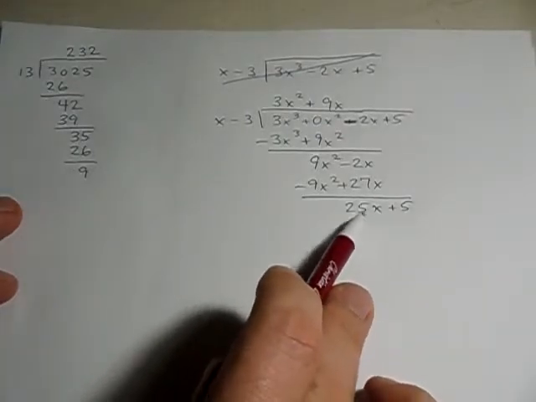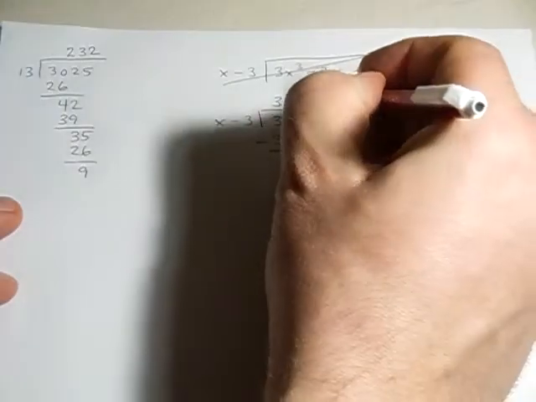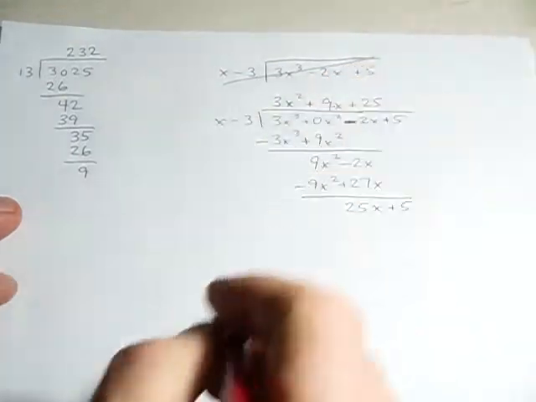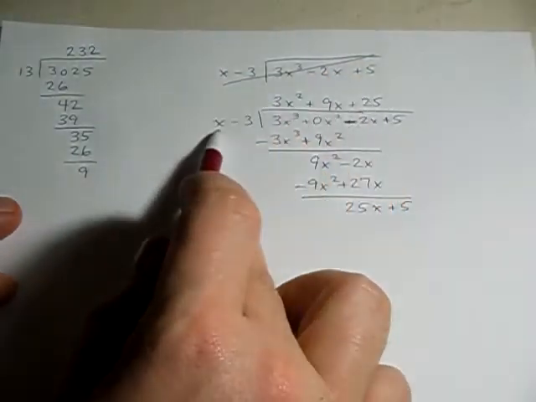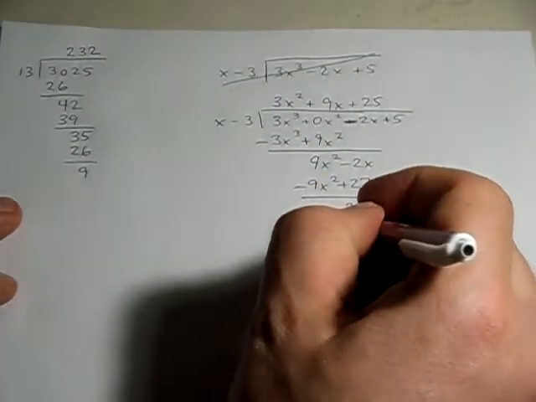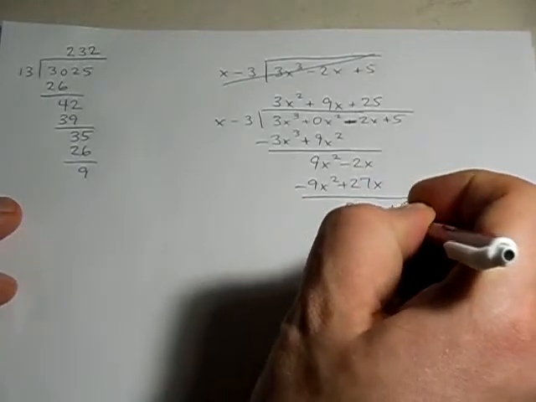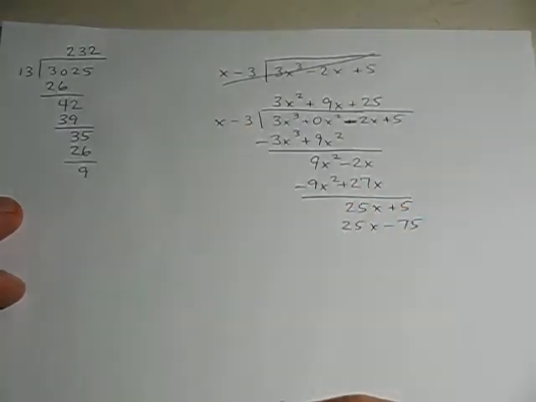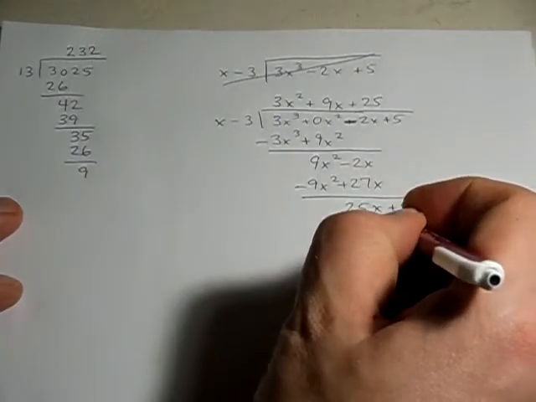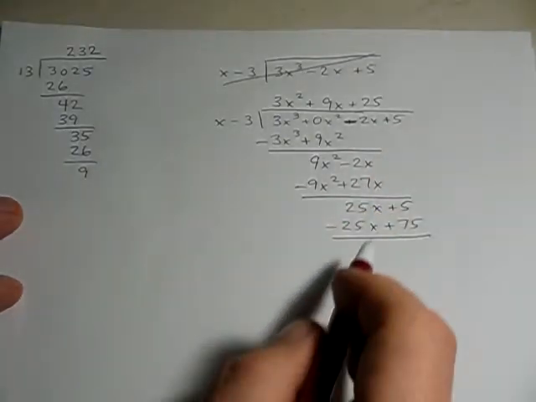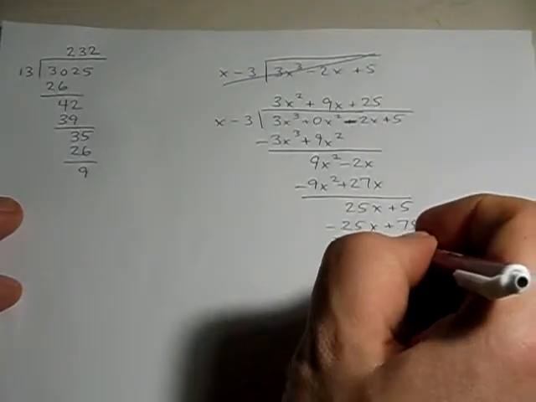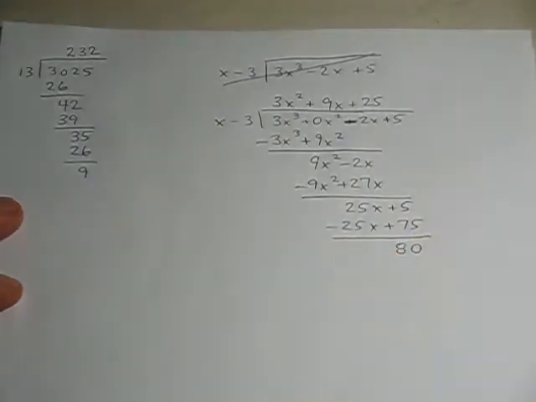So 25x divided by x is 25. Multiply. 25 times x minus 3 gives you 25x minus 75. And finally subtract by distributing your negative. So the x's will cancel, and 5 plus 75 is 80.